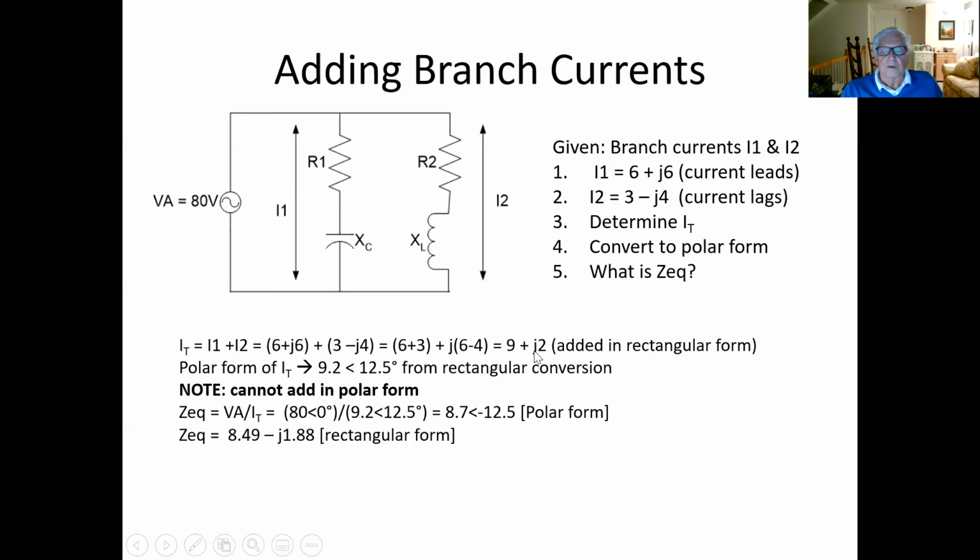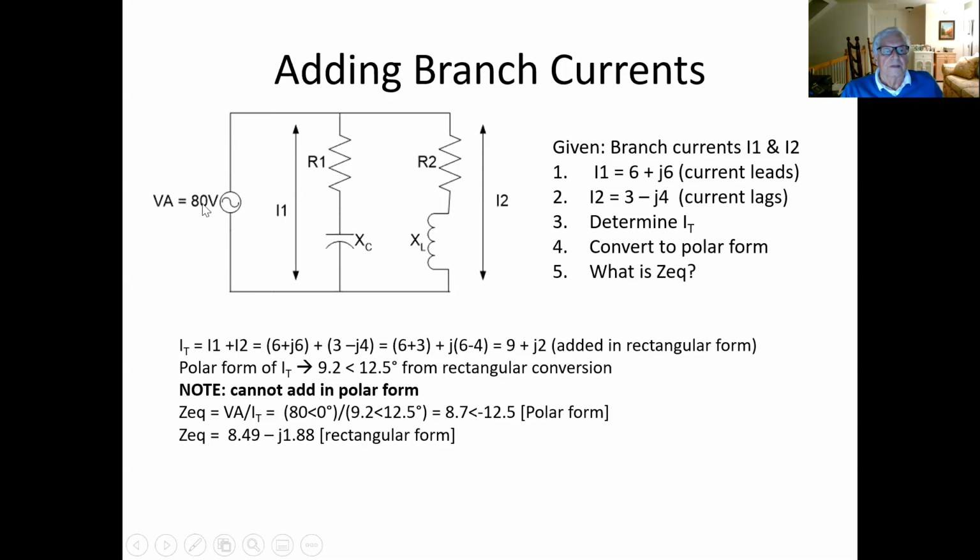We add them in rectangular form, then switch to polar form. We get 9.2 at 12.5 degrees. We can't add in polar form, so we can't do it that way. Z equivalent is VA divided by the total current.